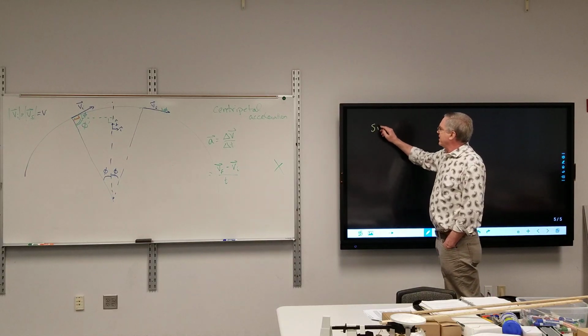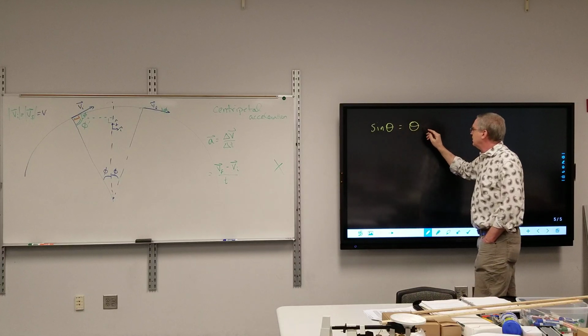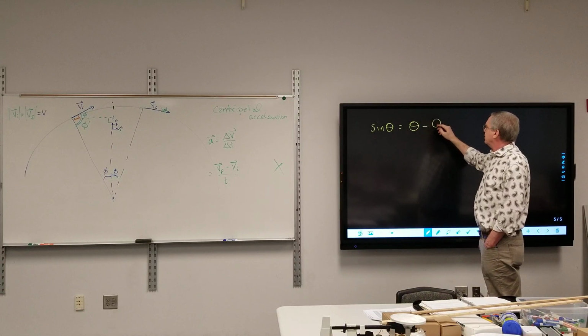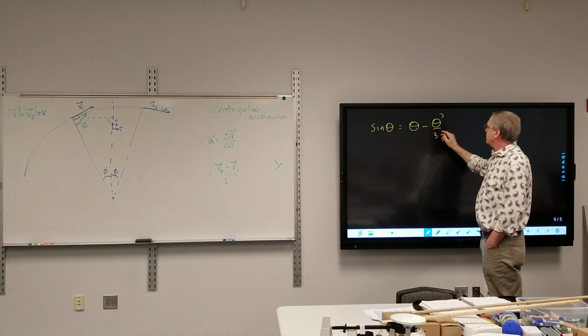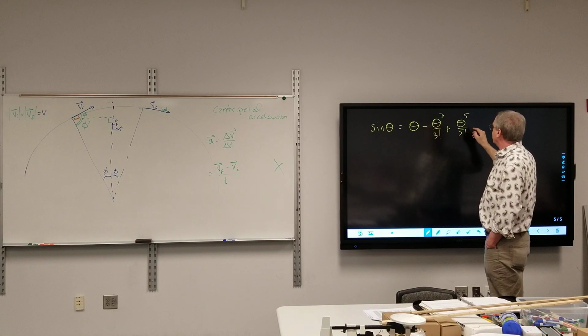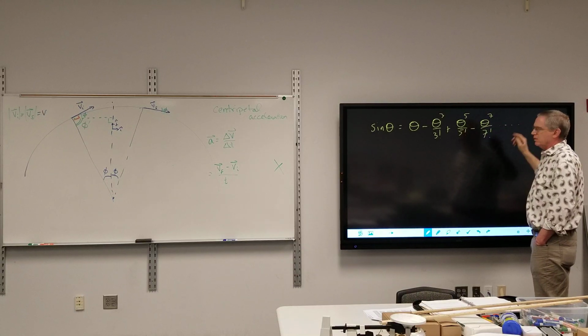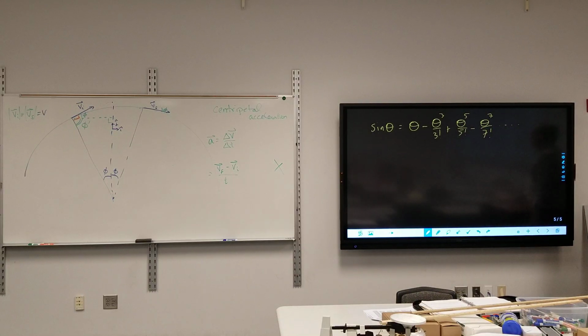It turns out that sine of theta is equal to theta minus theta cubed over 3 factorial plus theta to the 5th over 5 factorial minus theta to the 7th over 7 factorial, and so on. Not a particularly convenient way of solving for sine of theta on the calculator, but it is going to help us in our particular situation.